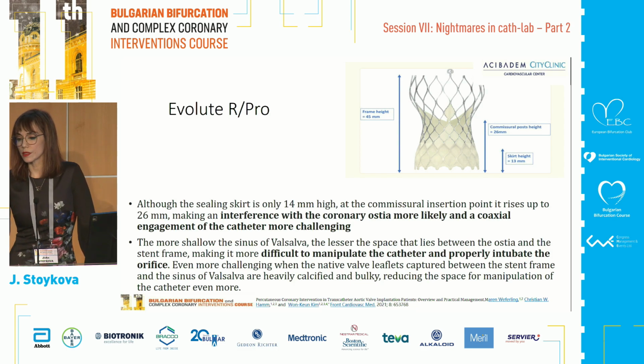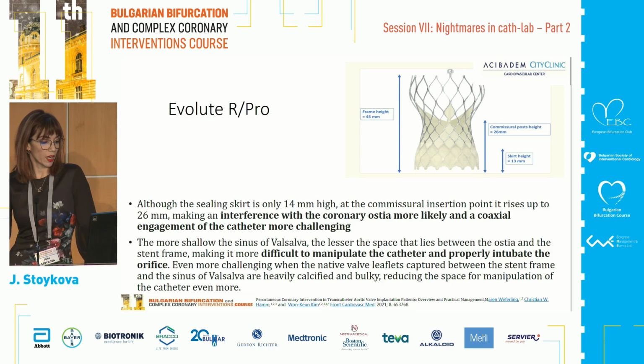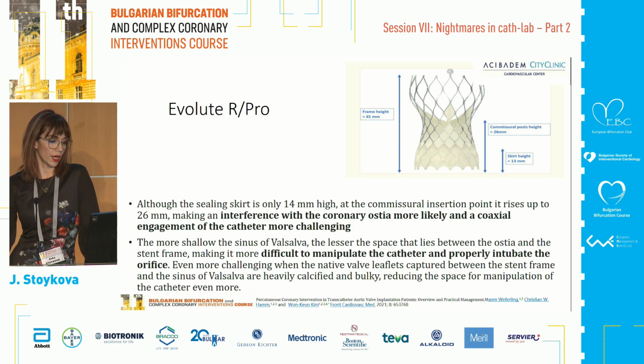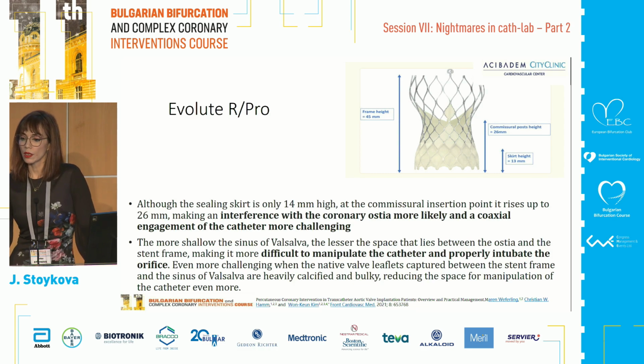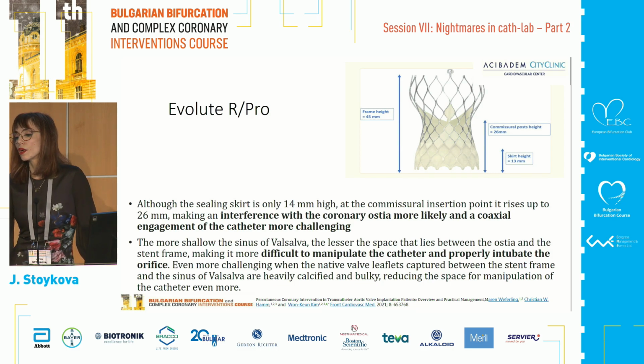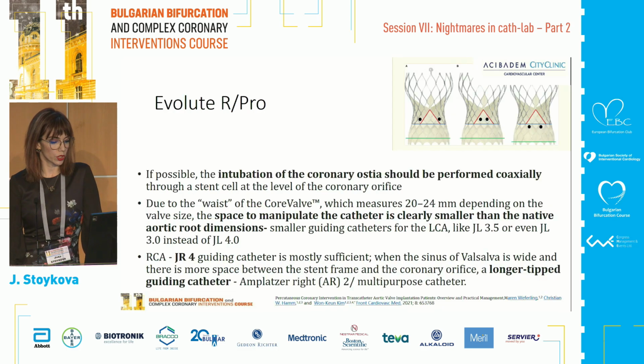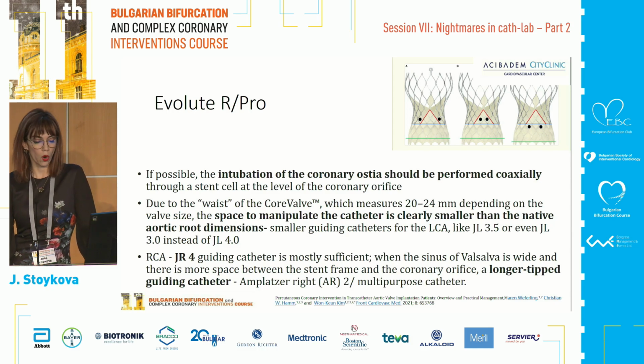And it's better, in order to intervene in TAVI patients, to coaxially engage the catheter, because the space we have to manipulate the catheter is much smaller because of the TAVI valve. Smaller catheters are usually used, with Judkins left, let's say 3.0.